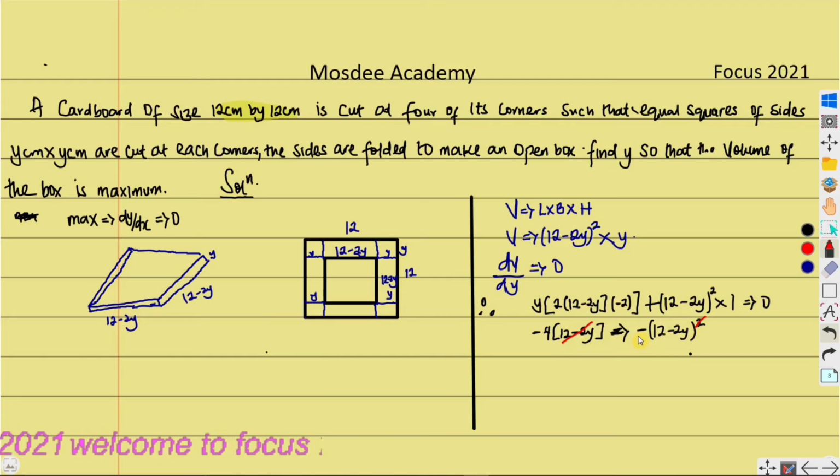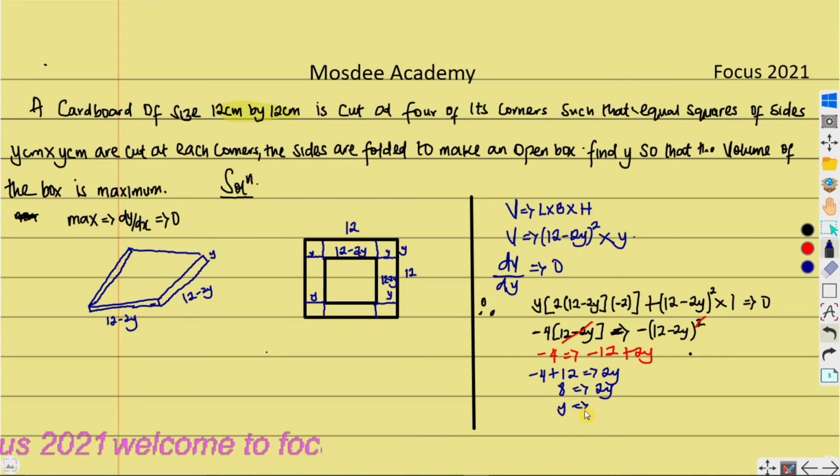So we should have negative 4 is equal to, let's expand this, negative 12 plus 2y. We can collect like terms to get the answer. Negative 4 plus 12 is equal to 2y. So 8 is equal to 2y, and y will be equal to 4.